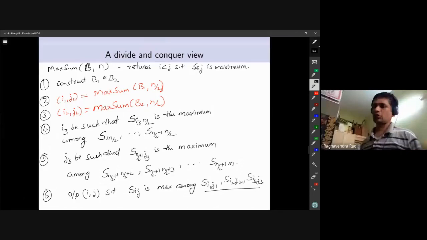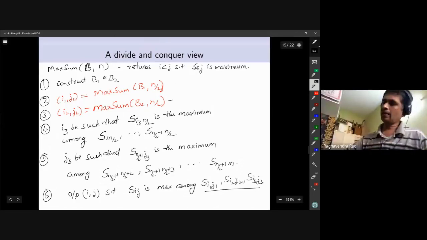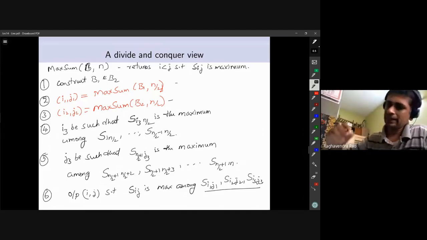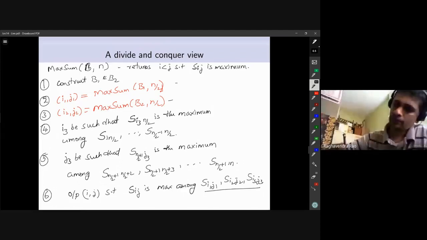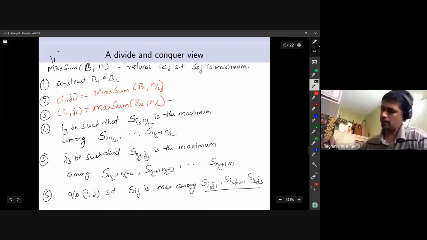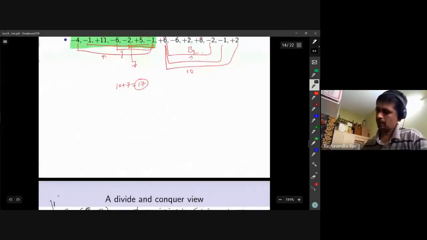So that is a recursive call here, and this portion. How do you implement this? Let's analyze the complexity here. Let's say T of n is the running time of our algorithm. When I say running time, I mean the number of operations, which could be arithmetic as well as comparisons.